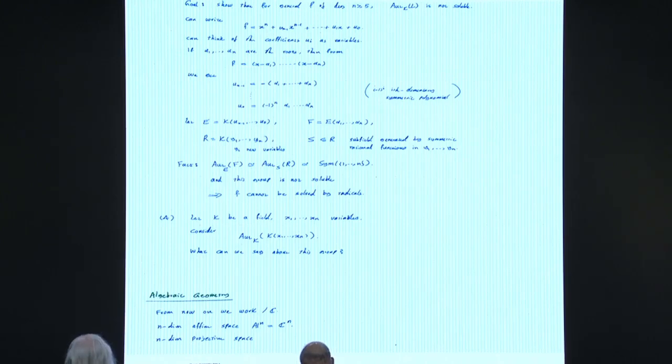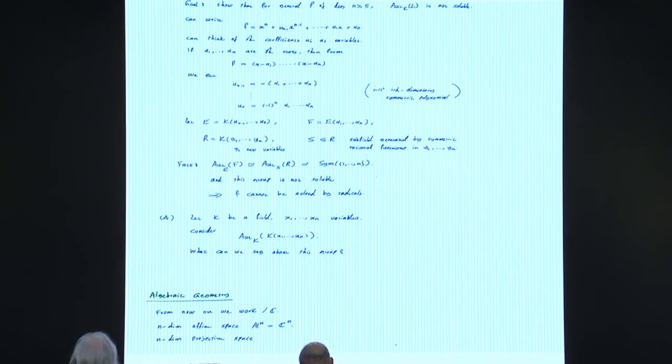Now, if we take again alpha 1 to alpha n to be the roots, then f will decompose as a product, obviously, and then we can write down the ui's, these coefficients, in terms of these elementary symmetric functions in the roots.